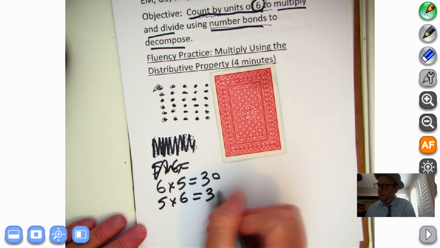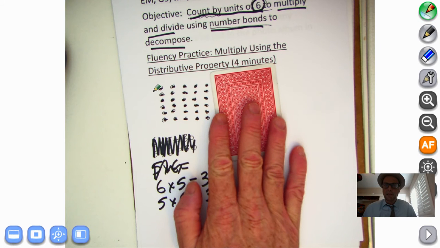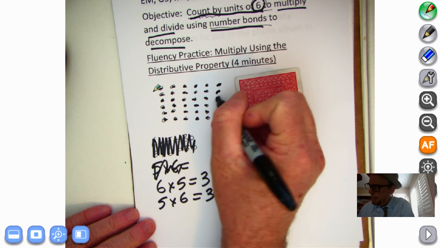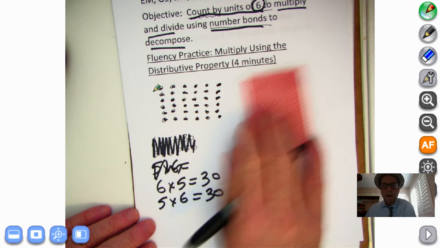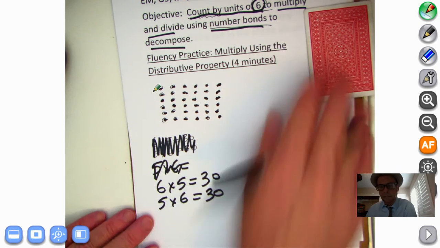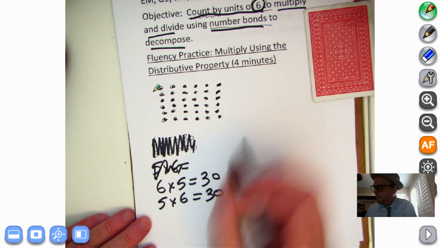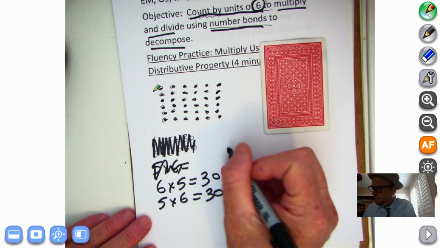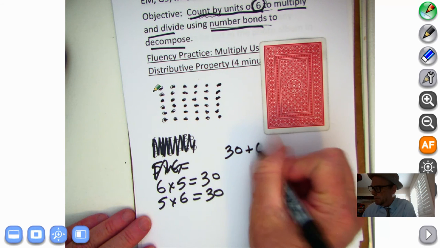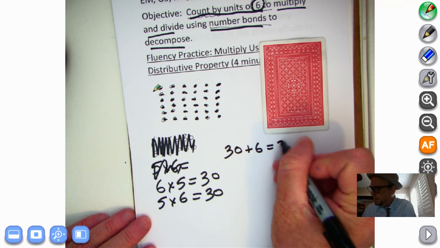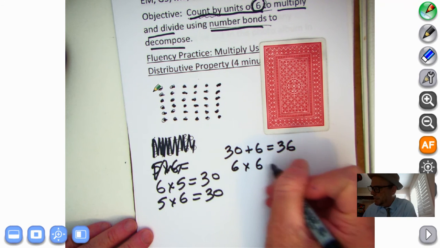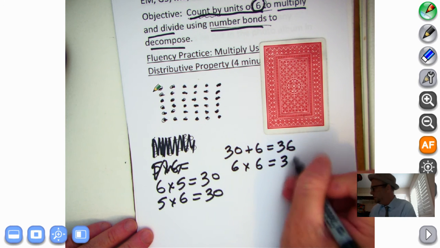But let's say we were to reveal another column of 6. Whoa! And there we have it. So now what do we have? Let's think about it in this way, because this is what this lesson is kind of all about. We have 30, and then we went, whoa. So we could say 30 plus 6 equals what? 36. And we could also say 6 times 6 equals 36, can't we?